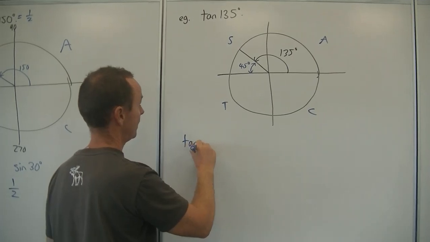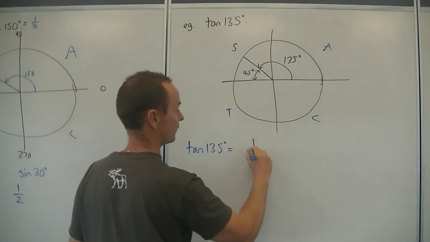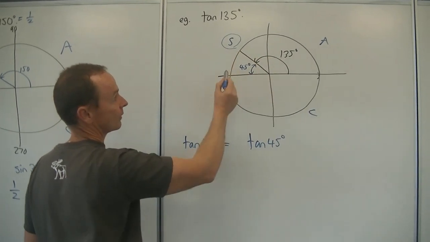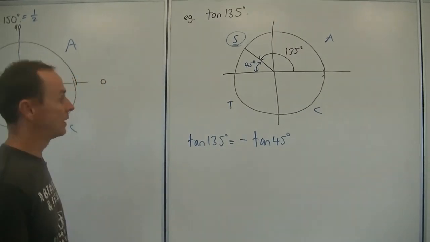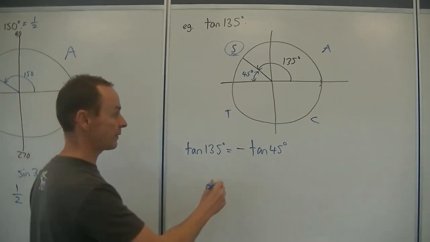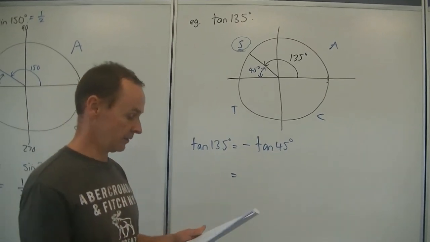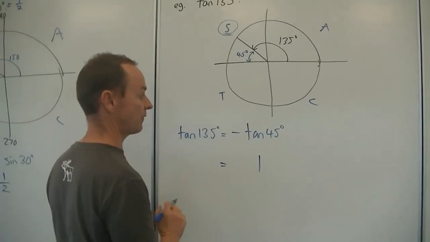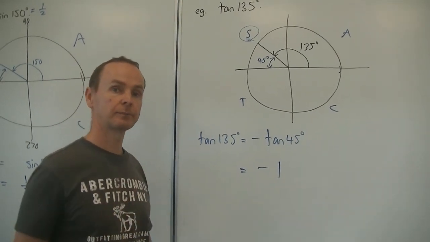So tan 135 degrees is equal to tan 45 degrees, because that's our reference angle. But we notice in the second quadrant, only sine is positive. We've got tan, so tan is negative. So tan of 135 is equal to negative tan 45. That's our first step. Now we look at our exact value ratios, and tan 45 was equal to 1, because remember it was 1 over 1, which is 1. So tan 45 is 1, but it's negative. So we write down negative 1, and there you have it.